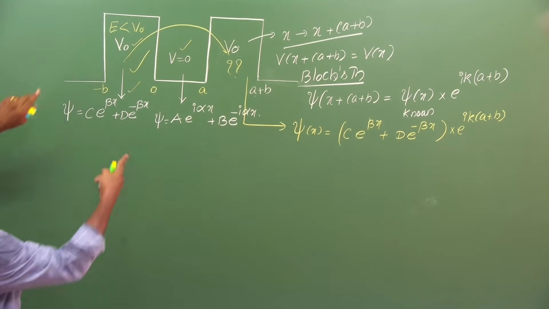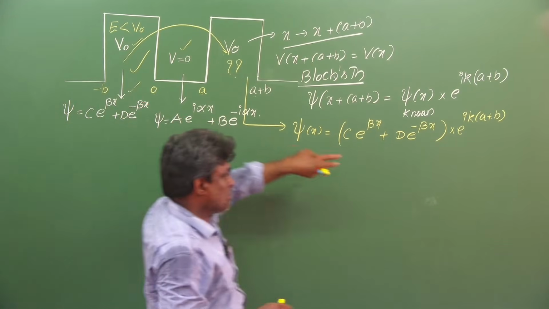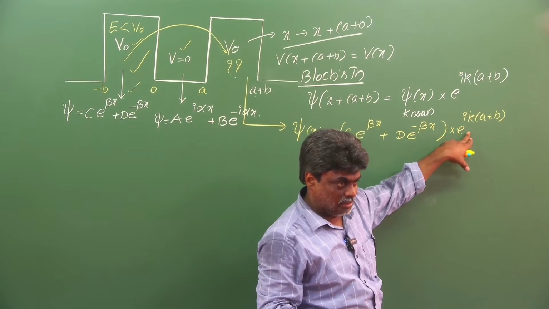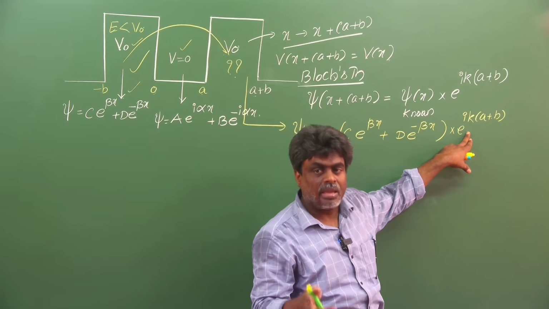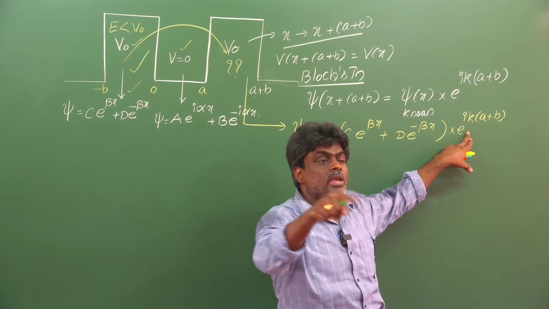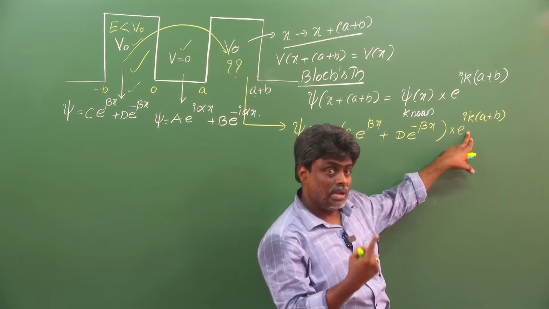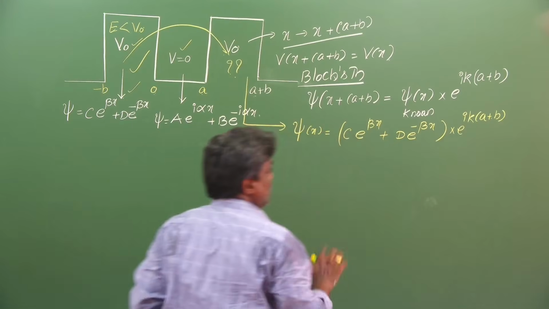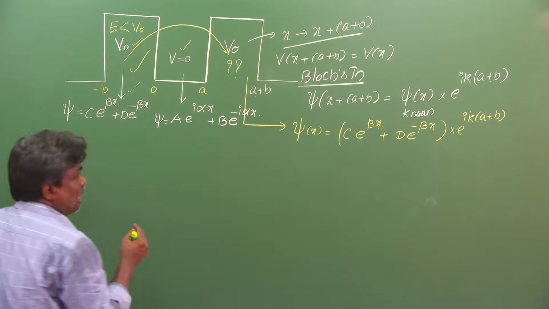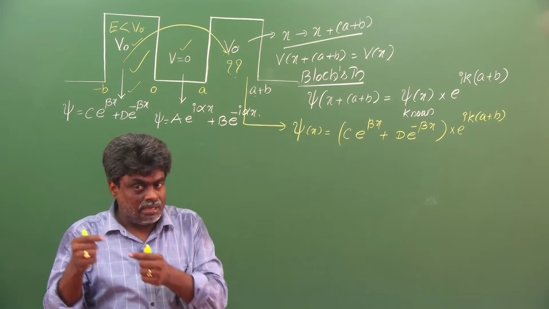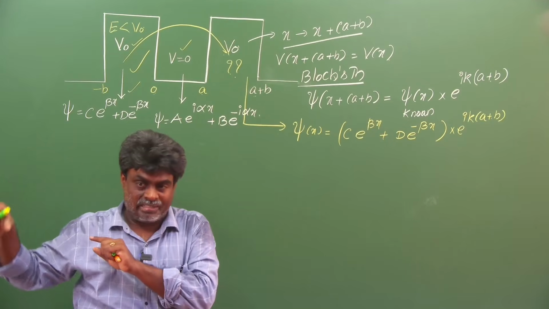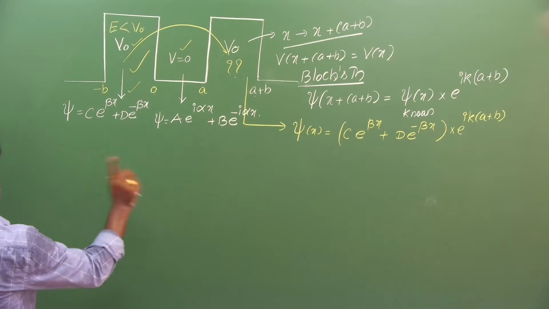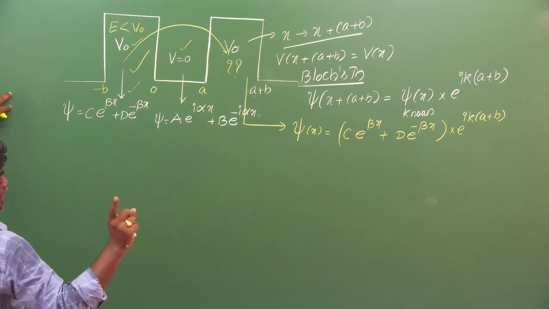So his doubt is a valid doubt: is it beta or k? It is k only. K means under root 2mE by h cross square. It may be alpha, when it will be alpha, just wait, but it is not at all beta, because Bloch's theorem contains the solution of a free particle, and from that only we derived it. Is that clear? So it is k only.